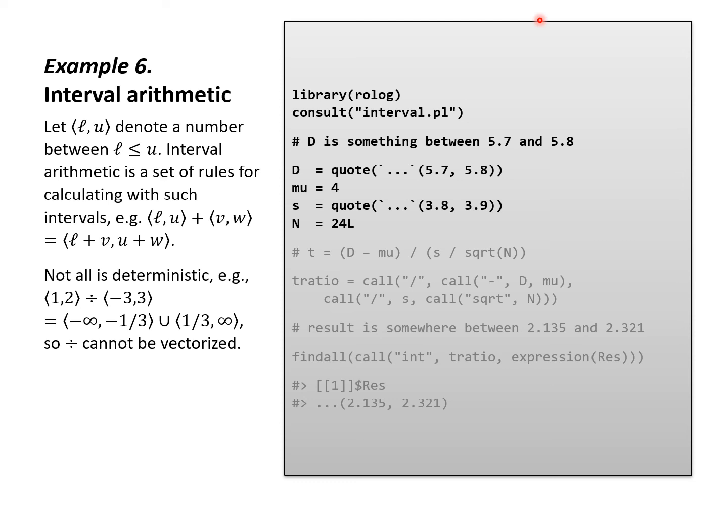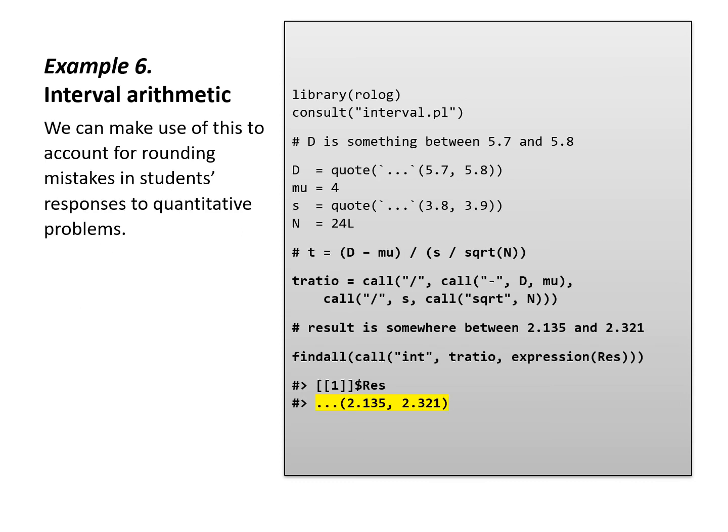Some of these are even non-deterministic in a sense that division by an interval that crosses 0 yields actually two possible solutions, which is a perfect scenario for Prolog. So here we see the result of the t-ratio, something between 2.135 and 2.321. And we can now match this against the responses of our students in an e-learning system, for example.